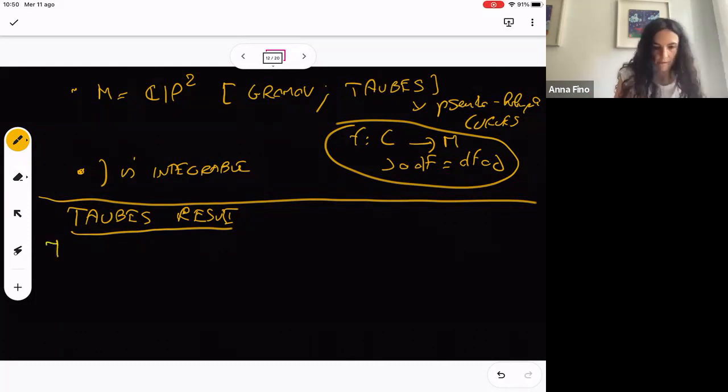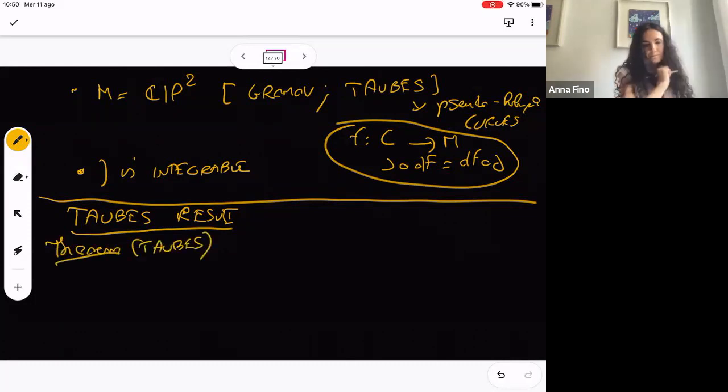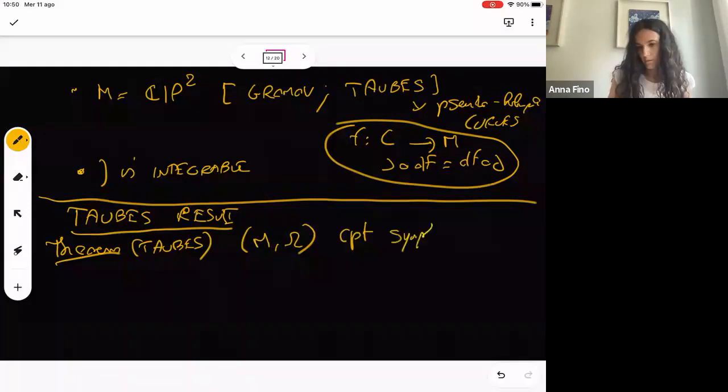And the theorem by Taubes is the following. Let's take omega, a compact symplectic form, manifold, so compact symplectic with b plus equal to 1. What it shows, it doesn't show it for a generic almost complex structure, but it adds something else, which is generic.